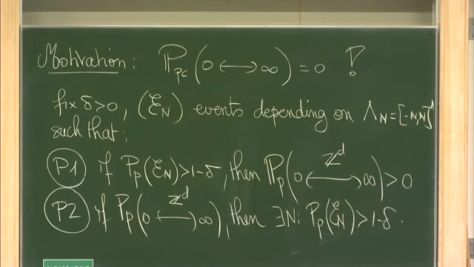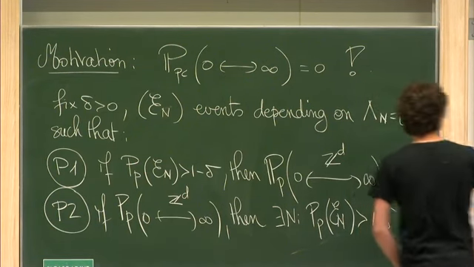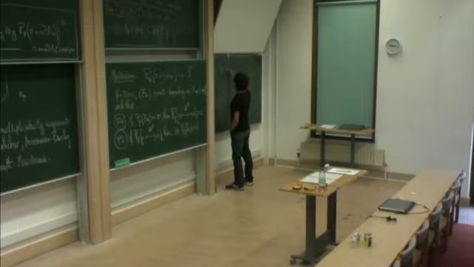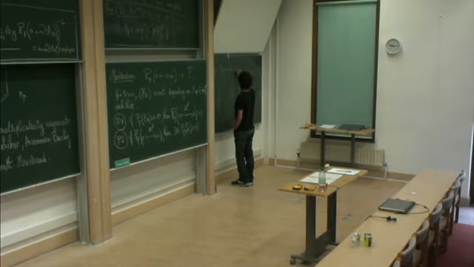If I find a sequence like that of events En, I'm going to give you examples. And if I find the delta, then I automatically find that the set of p's for which the probability that 0 is connected to infinity is positive has to be open.